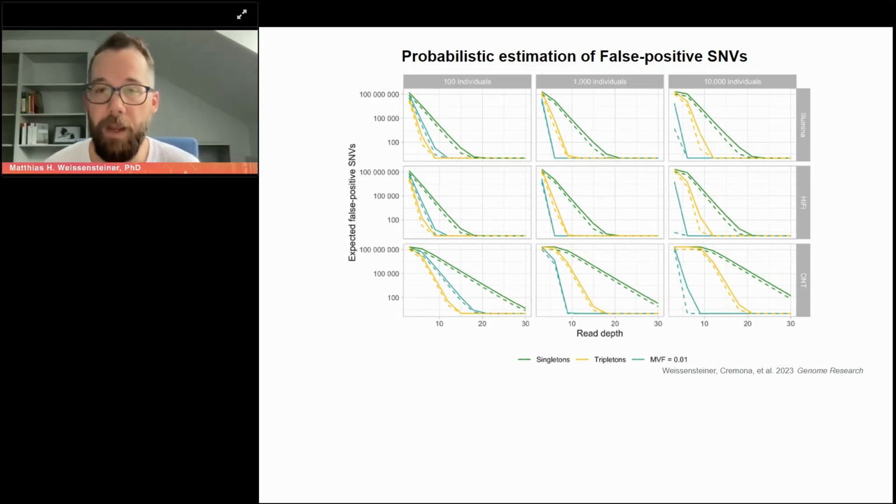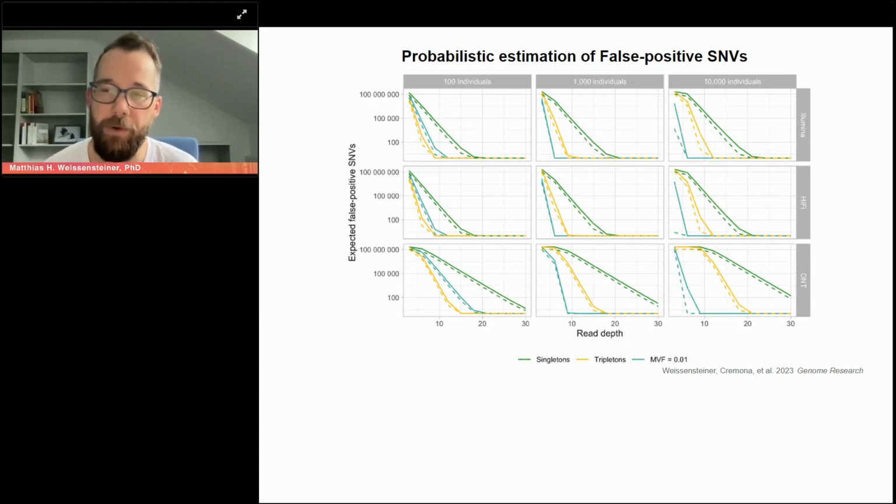And for each panel, the three colors correspond to different allele frequency filters. Green corresponds to just a single genome, a single chromosome showing the variant, versus tripletons showing 3 chromosomes, and the turquoise color is then for a minor variant frequency of 0.01.